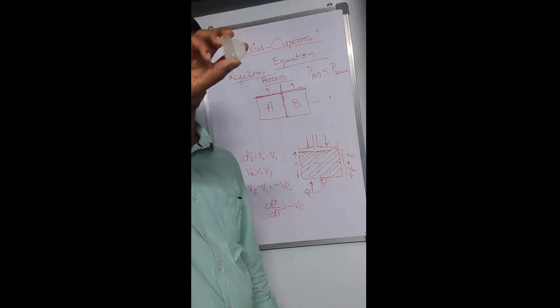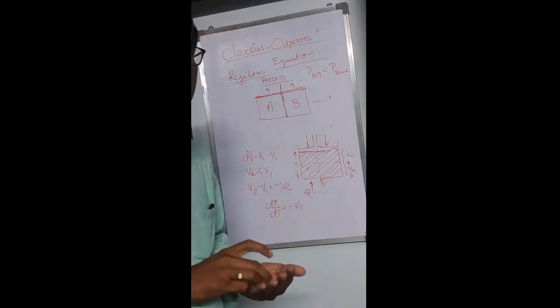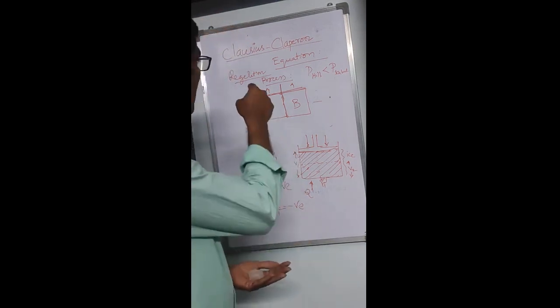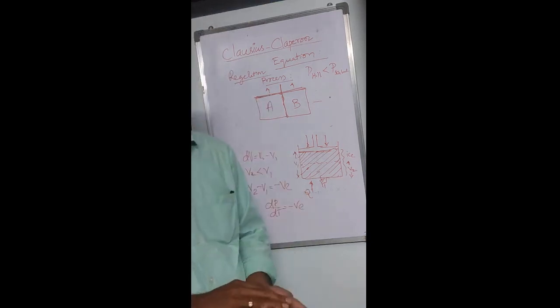This is called the regelation process. You may explain this regelation process with the help of this Clausius-Clapeyron equation. Okay, let us stop with this.